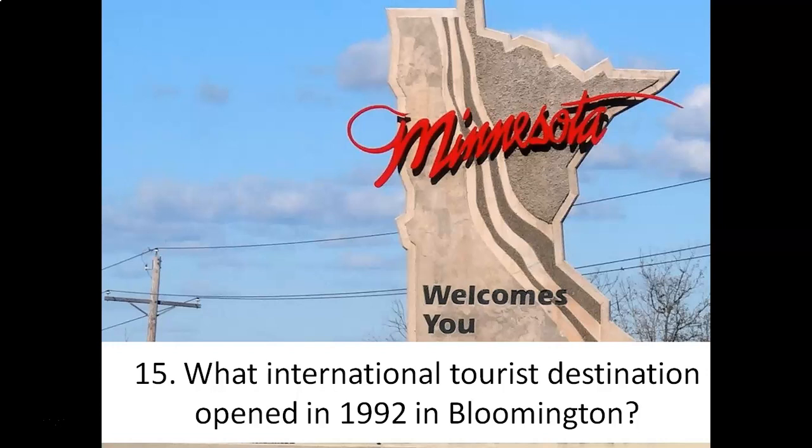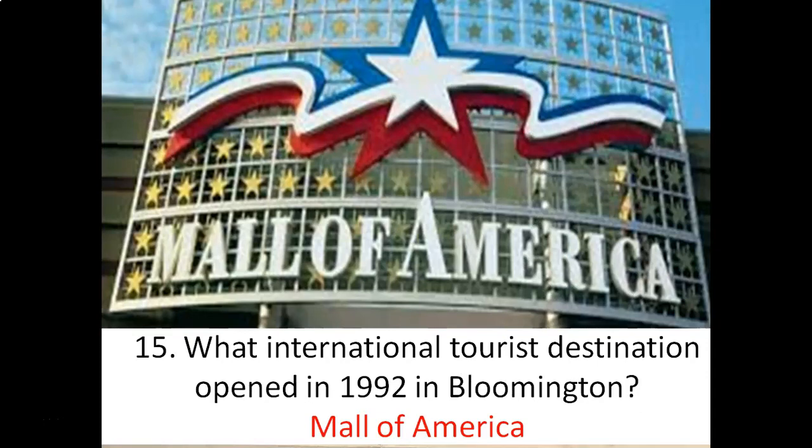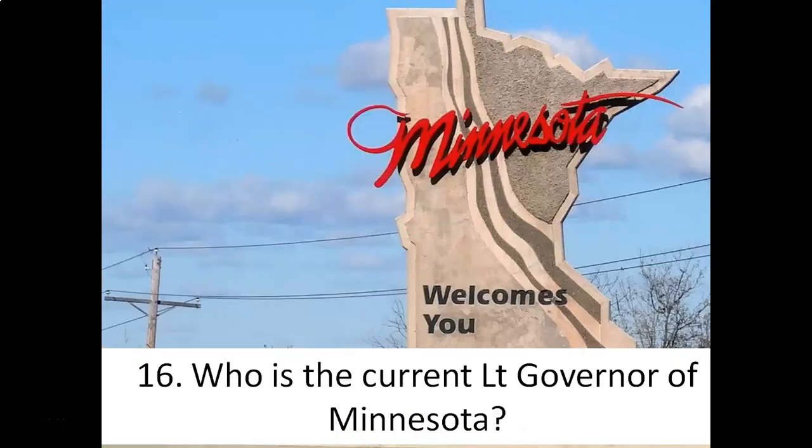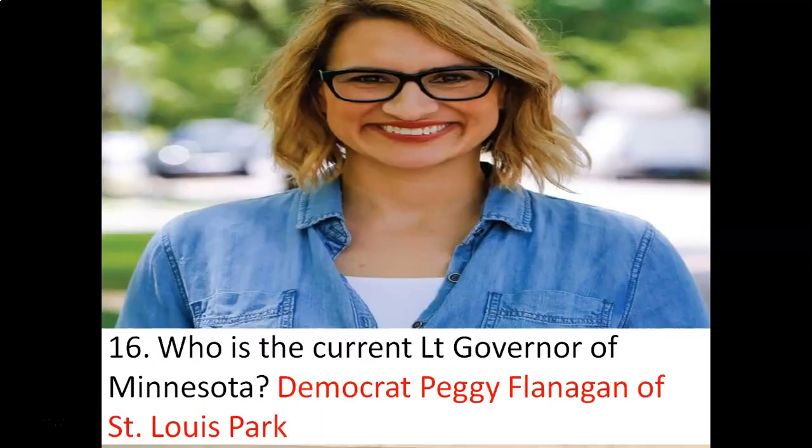I don't know if it still has this motto, but it used to be known as the place for fun in your life, and that, of course, was Mall of America. Who is the current lieutenant governor of Minnesota? Maybe a tough question here. And it is Democrat Peggy Flanagan of St. Louis Park.